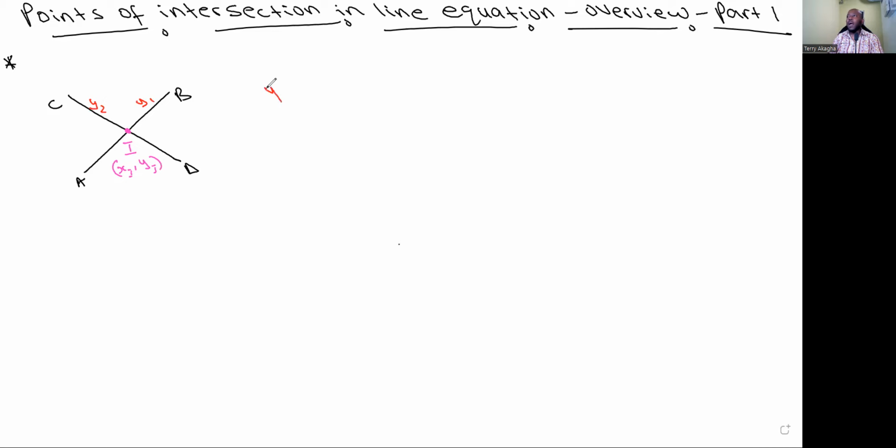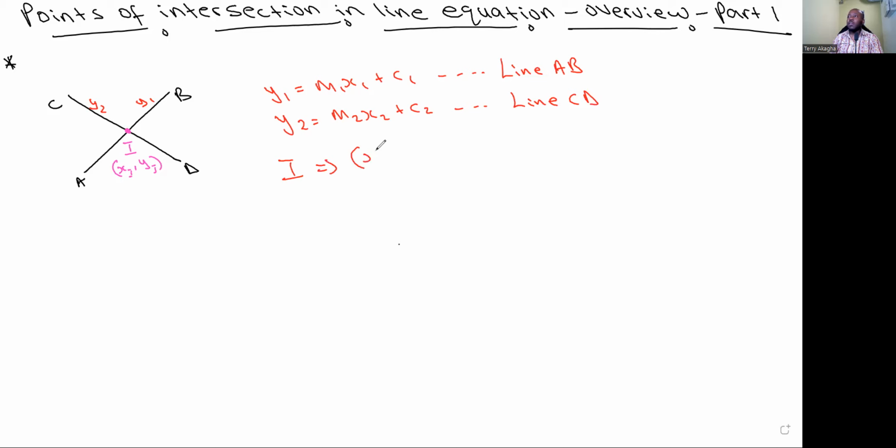So we can now say y1 is equal to m1 x1 plus c1, equation of line AB, and y2 is going to be m2 x2 plus c2, equation of line CD, okay? Now, both of them meet at point I, which has a coordinate of xi and yi. So what we are doing now is that we're trying to find how do we get this point or this coordinate points here, all right? So how do you go about it?